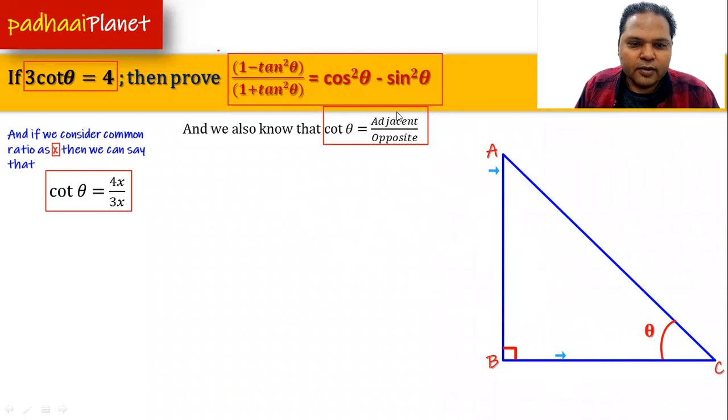So if we consider BC as adjacent and AB as opposite, then cot theta with respect to this particular triangle is equal to BC over AB, because adjacent is BC and opposite is AB, right? So we have got this.